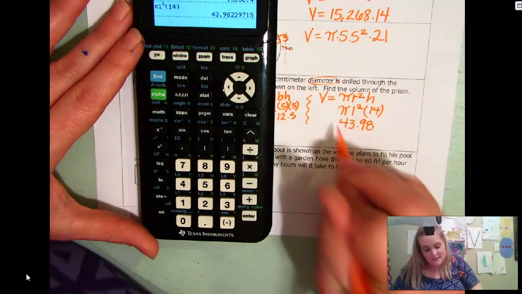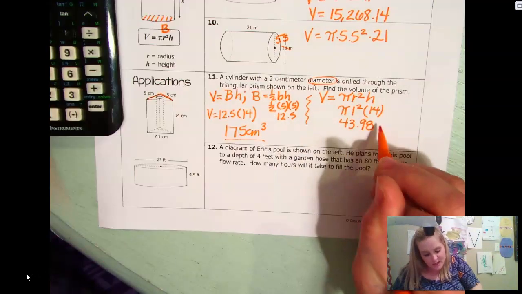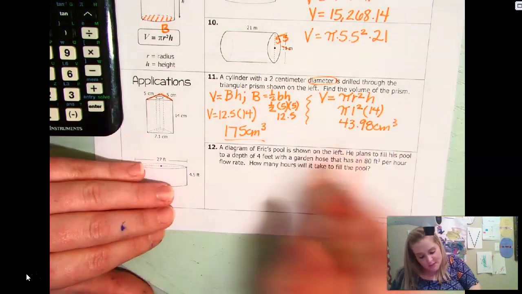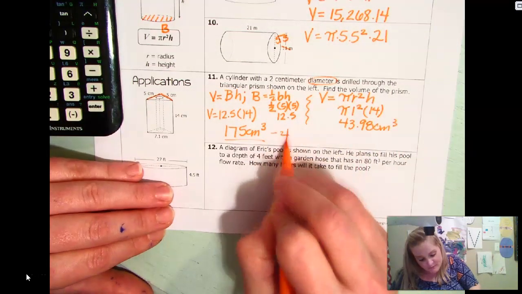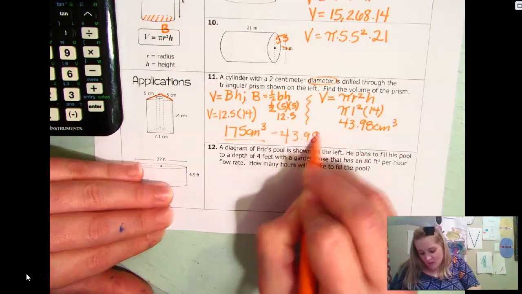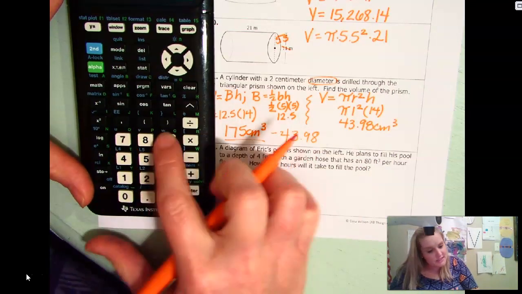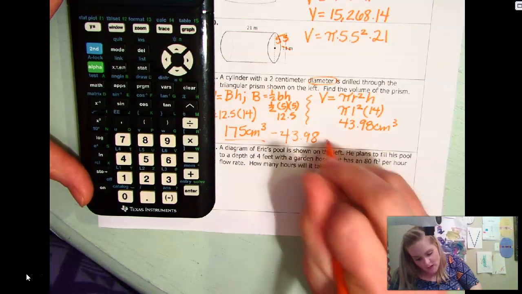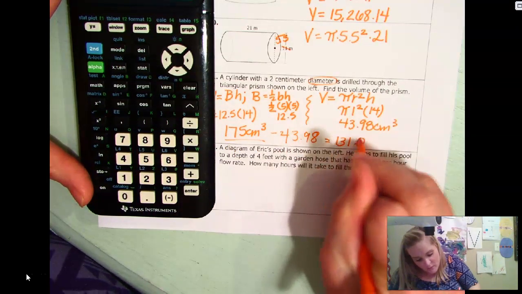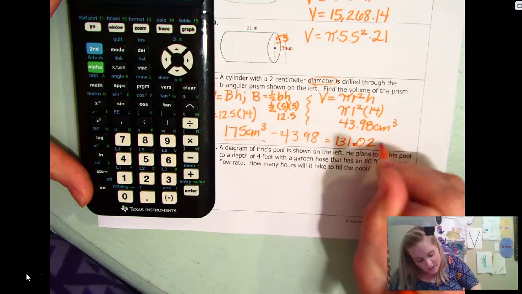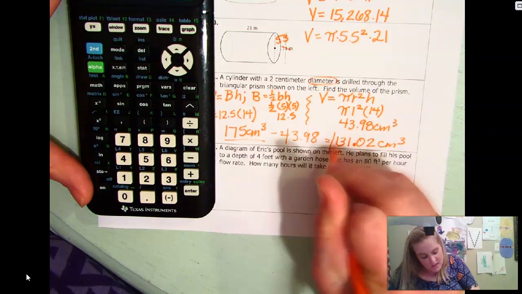So that's the volume, and that's still going to be centimeters cubed, and then I'm just going to subtract. Okay, so 175 minus 43.98 is going to give me 131.02 centimeters cubed. All right.